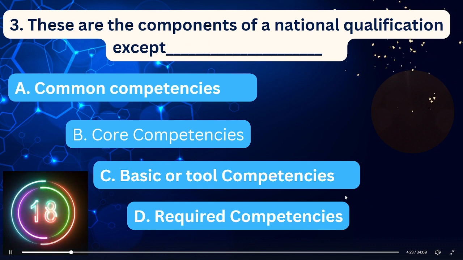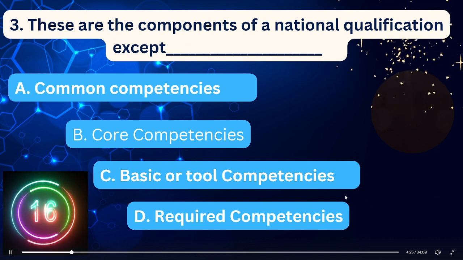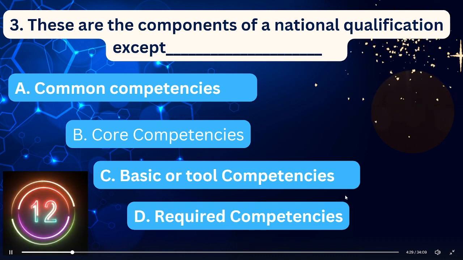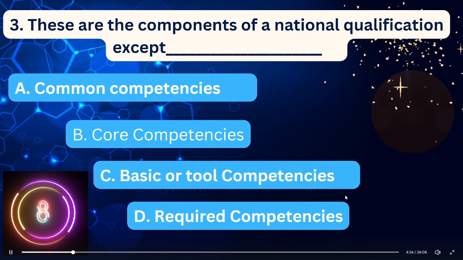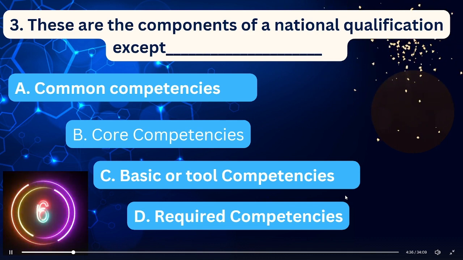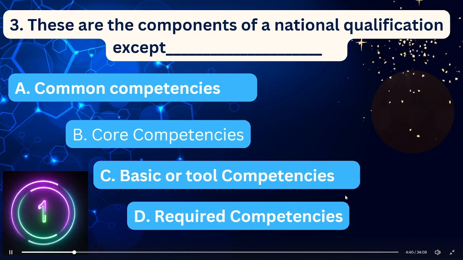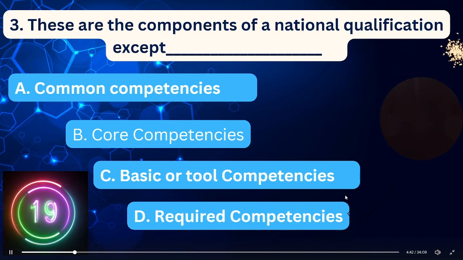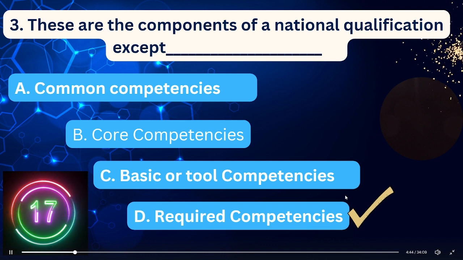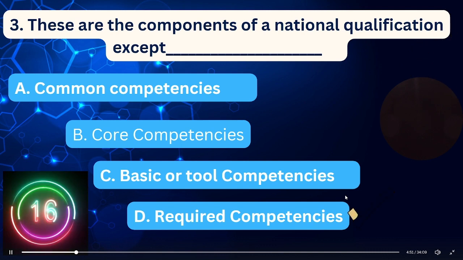Number 3. These are the components of a national qualification except A. Common competencies, B. Core competencies, C. Basic or tool competencies, D. Required competencies. The correct answer is required competencies, since basic competencies are the skills and knowledge needed by all people in workplace.